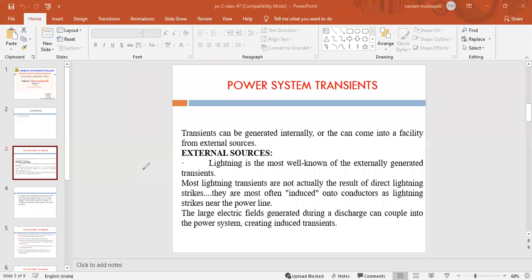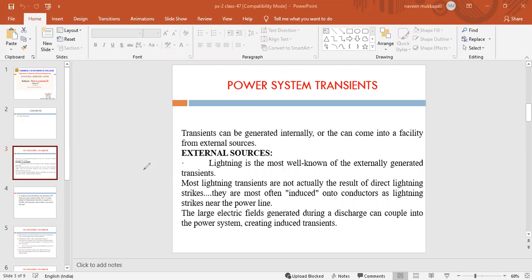Transient currents are introduced in the circuit due to the changes in the stored energy, and due to the storage of that energy, the transient states are obtained.